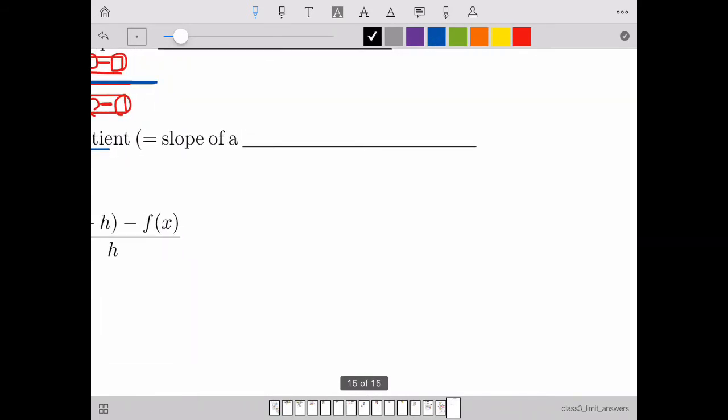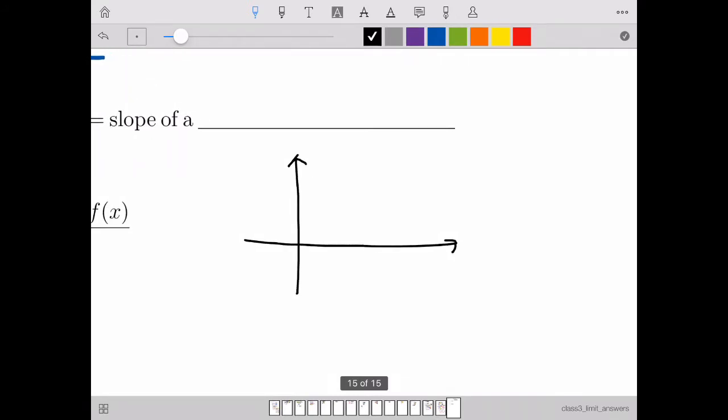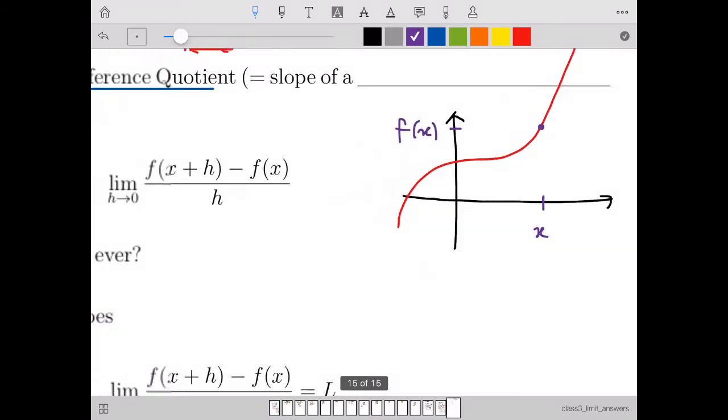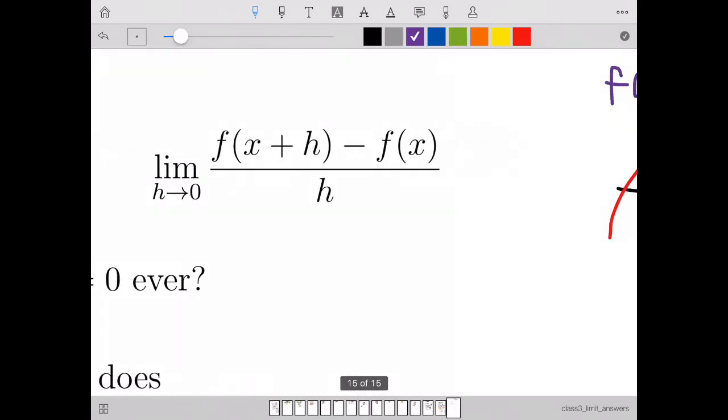So if we have the graph of a function, and if I have a graph of a function, let's say this is the graph, and I am fixing my point x there. So this point is f of x. Now I'm going to look at h. H is approaching 0.